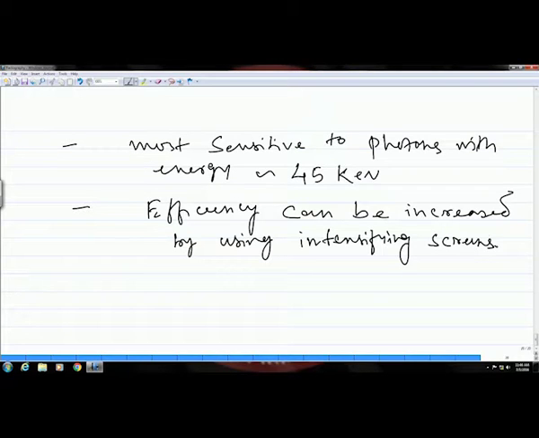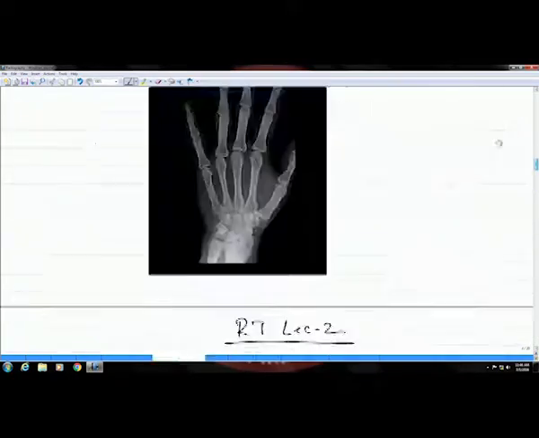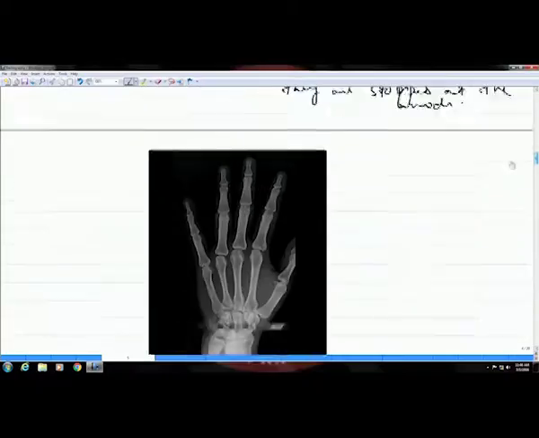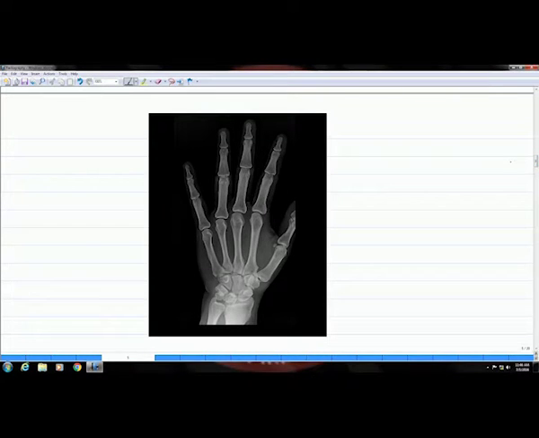Okay. So, now you can easily correlate, if you go back to that image that I showed you in the beginning, why these bones are appearing white, because you have used this photographic film which gets darkened when it is exposed to X-rays, and as I told, this darkening will depend on the amount of energy which is falling on it.